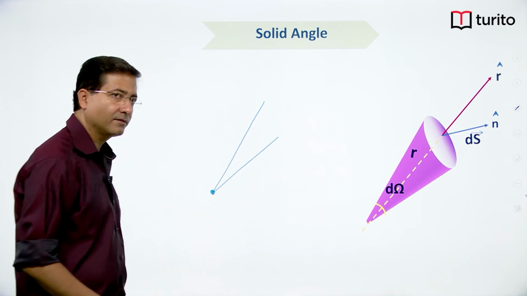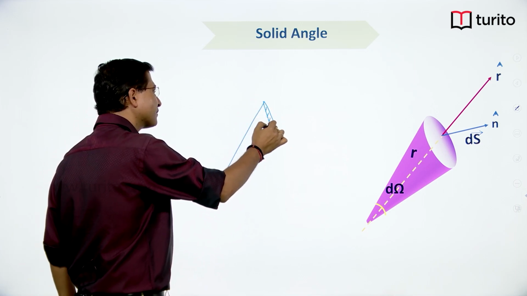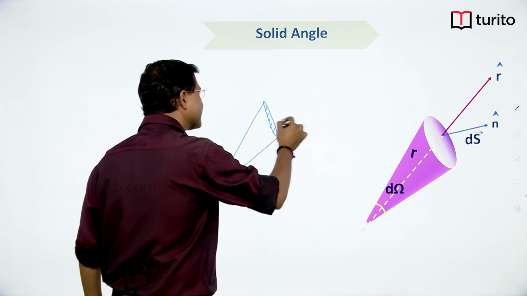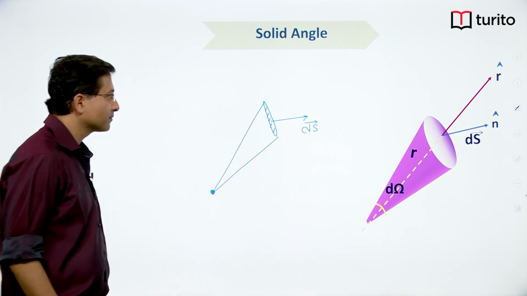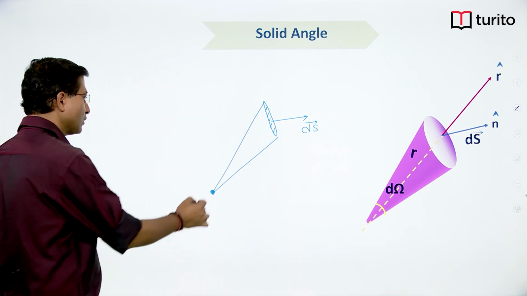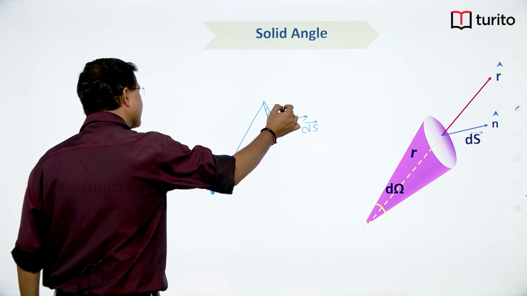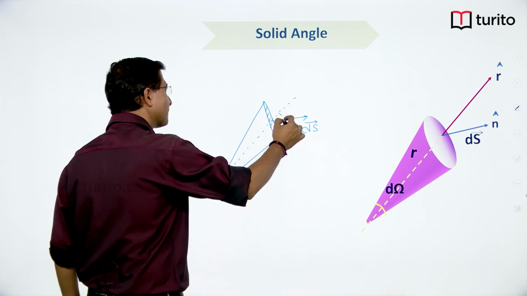I have joined this point, and the area is this way. So the area vector is in this direction, and if I join this to the center of the element, say this is making some angle theta.